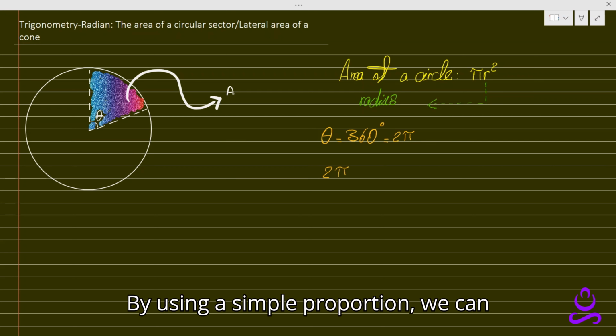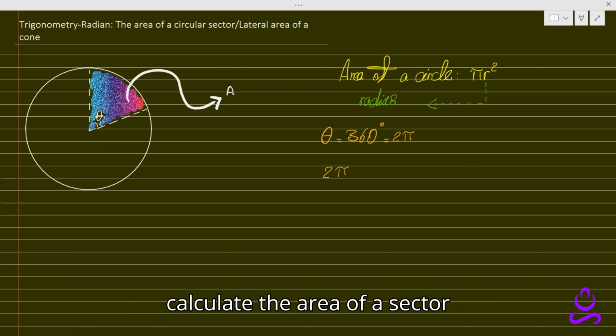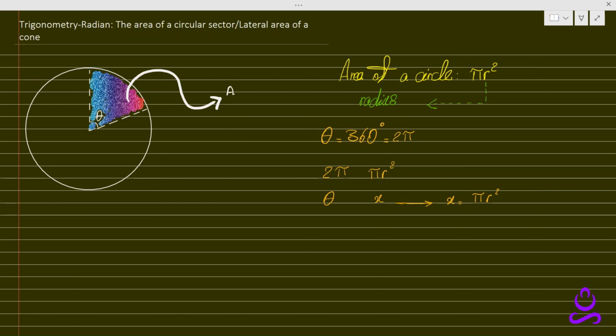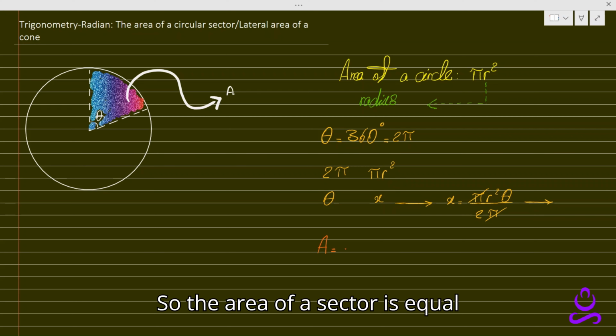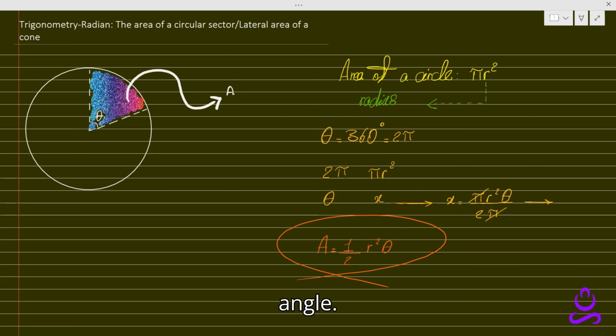By using a simple proportion, we can calculate the area of a sector when our central angle equals theta. So the area of a sector is equal to half the radius squared multiplied by the central angle.